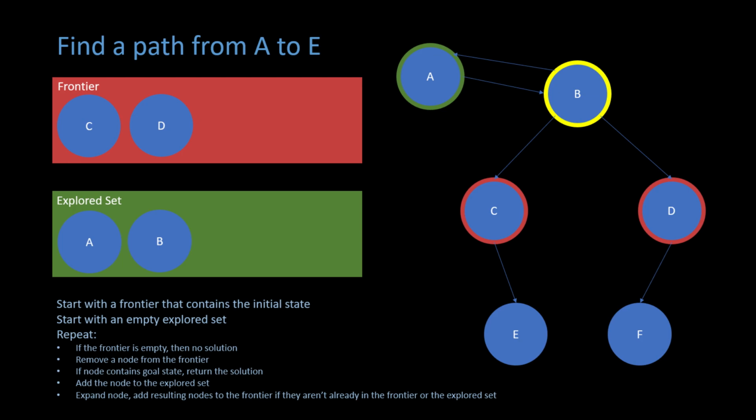After all, we need to remember the stack approach, meaning the last in is the first out, meaning D. So in this case, D will become my explored node, and I will add it to the explored set, and then expand it again, meaning now F is in the frontier, and since F is the last one added, it's also the first to be taken out. So again, it will go to the explored set.